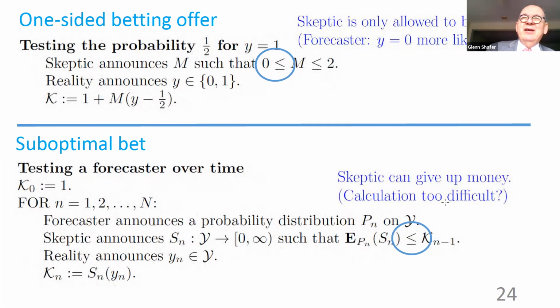If we look at this from the point of view of computability theory, maybe the exact expected value of the bet is not computable. So we can't be sure we get exactly equal. All we can do is make sure that it's less than or equal, and then it's a legitimate bet. So for that reason, it's better to relax and allow less than or equal.